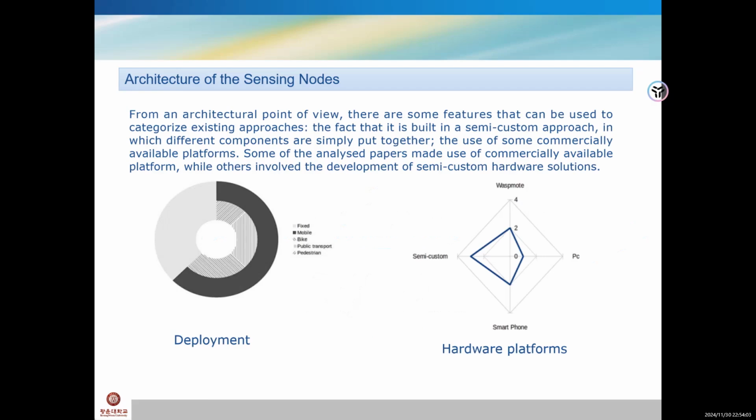The fact that it's building a semi-custom approach in which different components are simply put together. The use of some commercially available platforms. Some of the analyzed papers made use of commercially available platforms, while others involve the development of semi-custom hardware solutions.